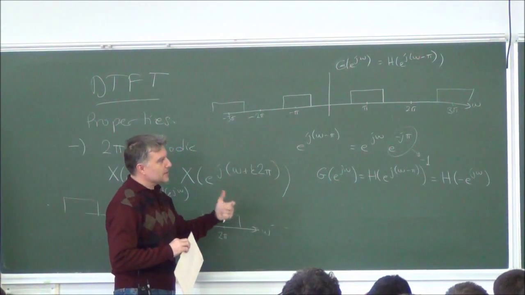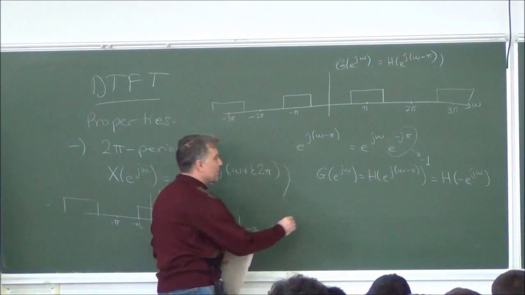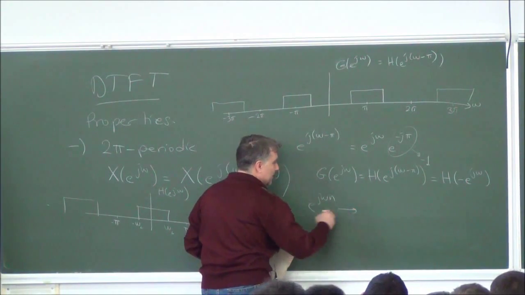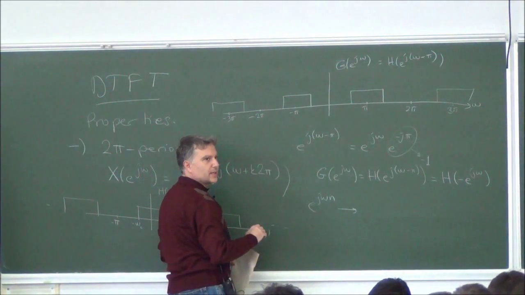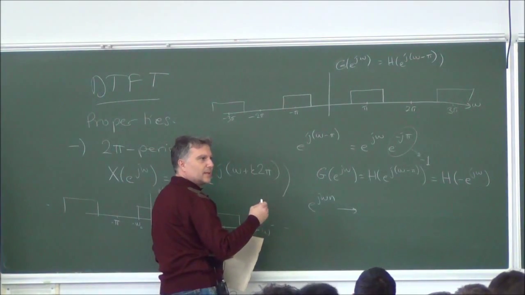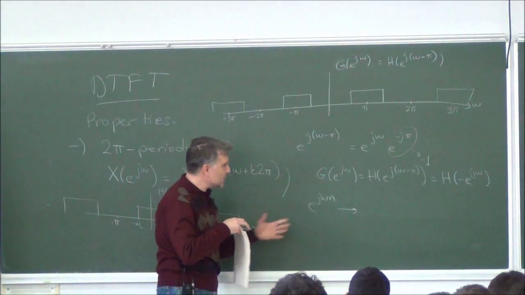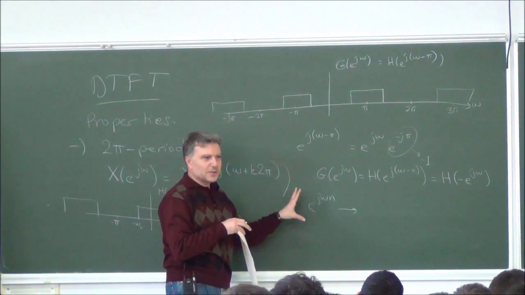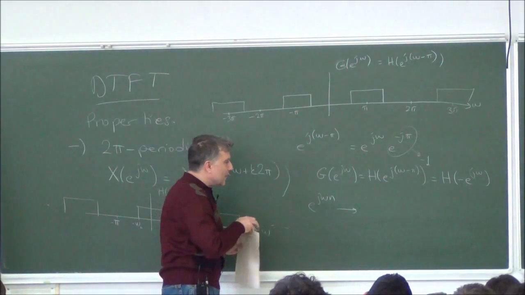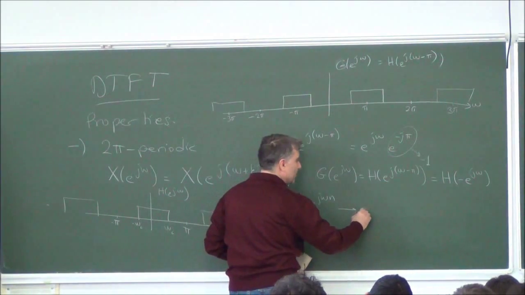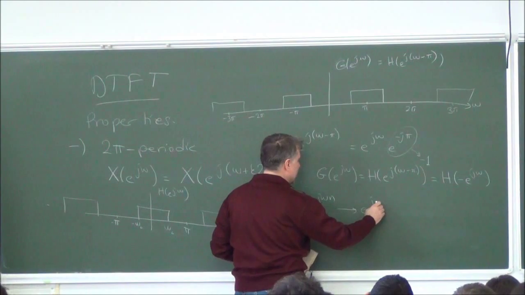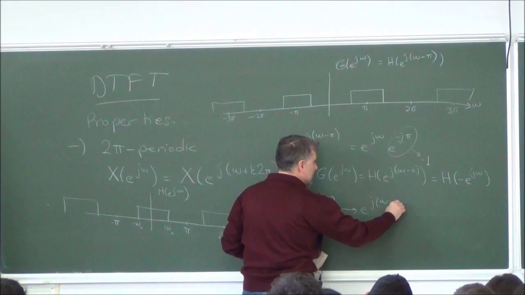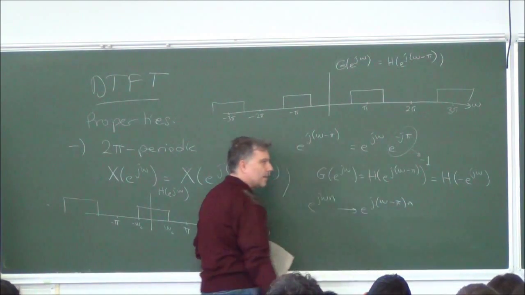And that minus sign, if you consider e to the j omega n, what happens to this inside such a process? Because we know that in the expression of the Fourier transform, this is what we have, e to the minus j omega n, in fact. But let's consider it like e to the j omega n. What happens to e to the j omega n when we do it like this, e to the j omega minus pi n?